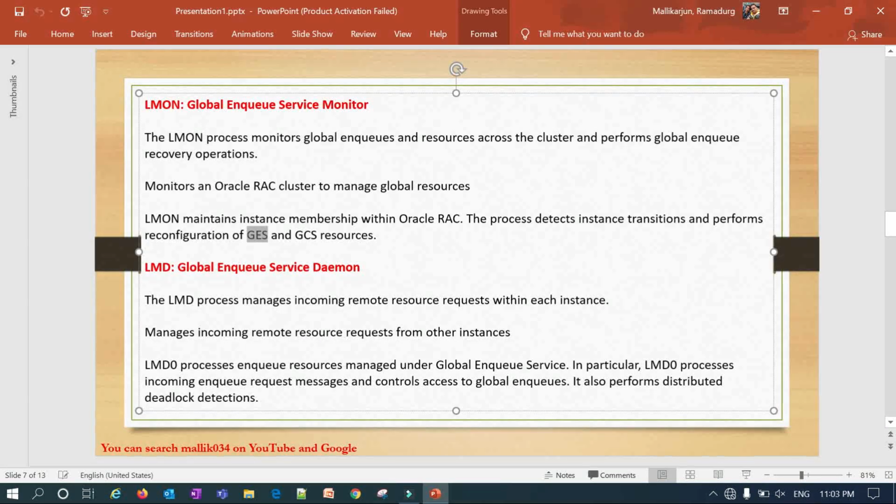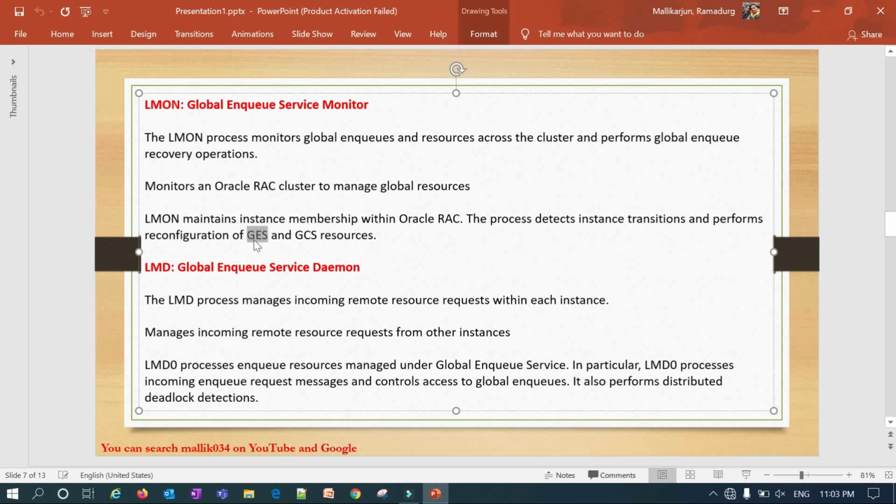In simple words, LMON monitors my enqueue services. Enqueue service is nothing but my GES, the global enqueue service. The enqueue service knows which instance holds which resource, which resource belongs to which instance, where the latest information of a particular block is, and which instance is holding that block.